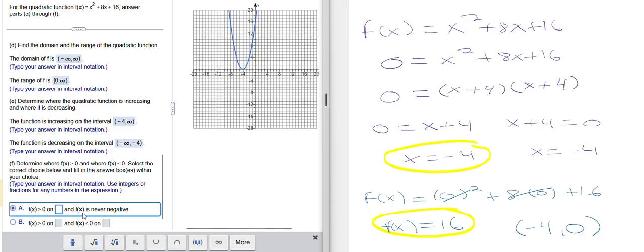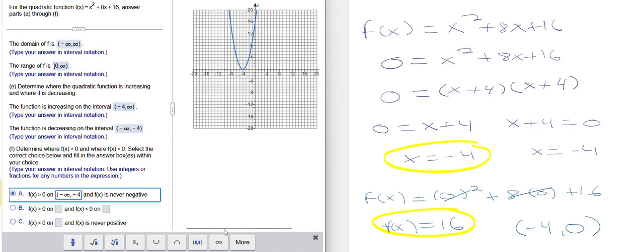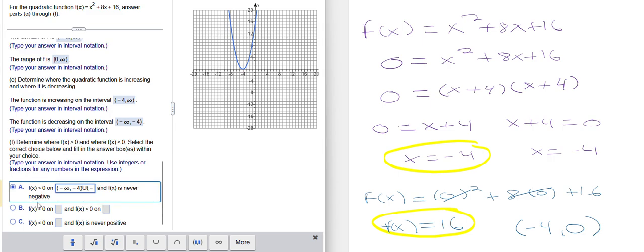Now we need to know, what are we going to put here? Where are the y's greater than 0? So in what intervals for the x's are the y's greater than 0? Well, the y's are greater than 0 from negative infinity, comma, oh, this guy over here. I'm typing it in and then I'm going to explain, right?